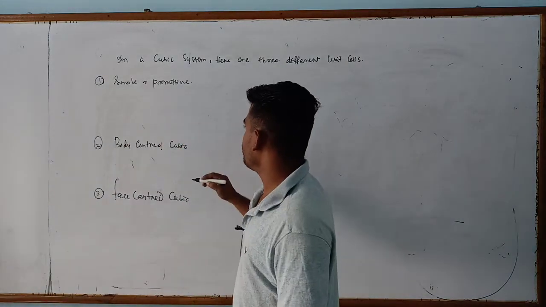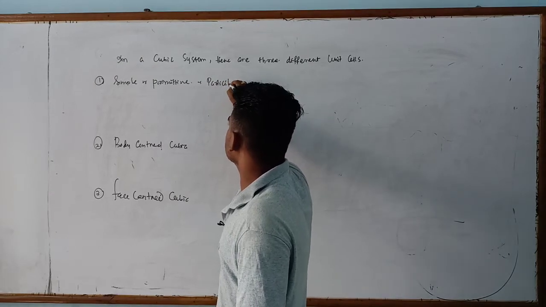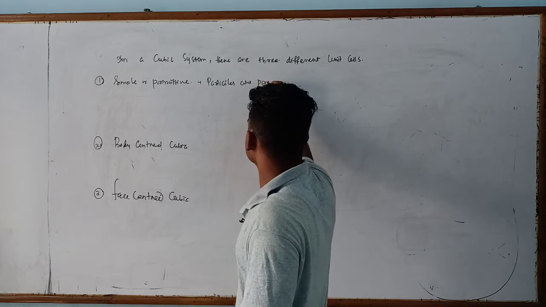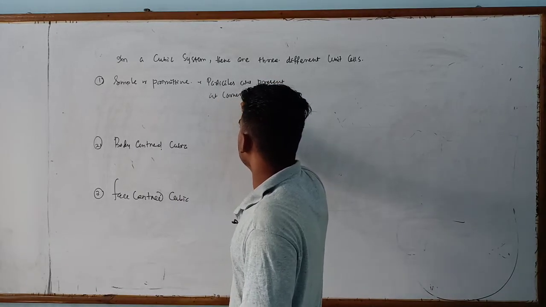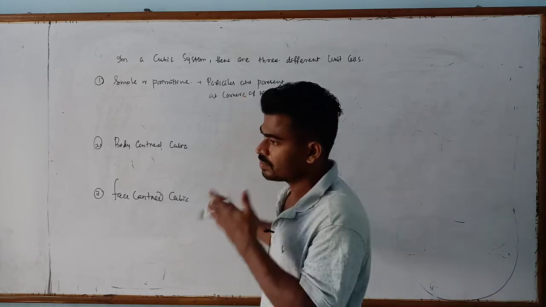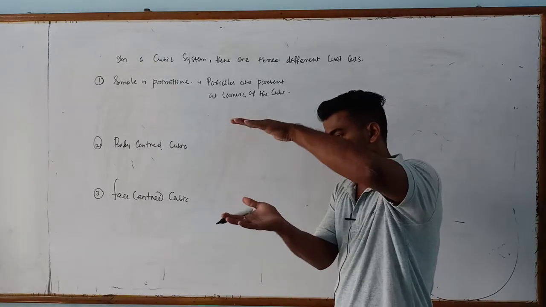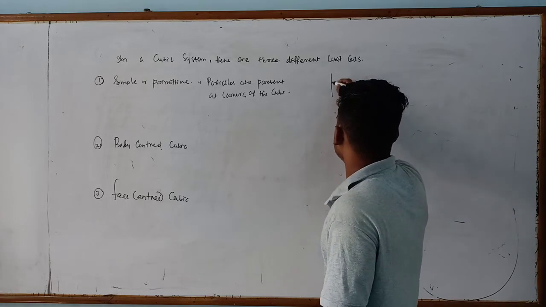Okay, so in simple or primitive, you can say particles are present at corners of the cube. Okay, so just imagine 4 spheres above and below there 4 more. So this is simple or primitive. You can draw it like this.